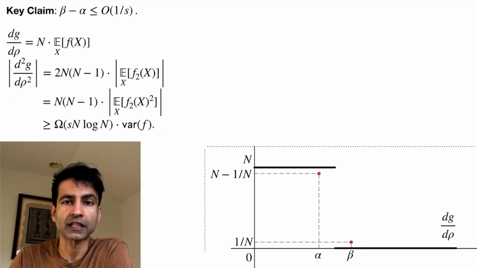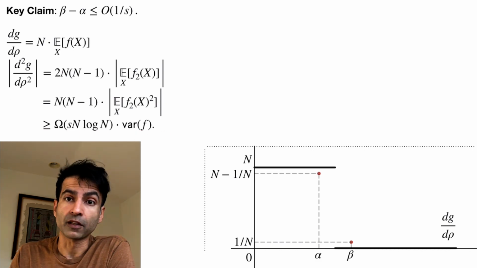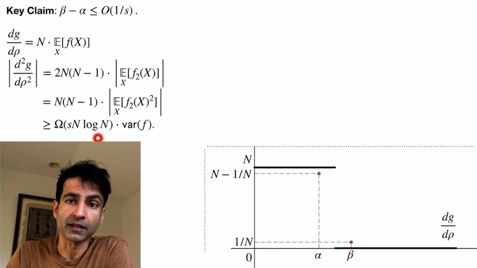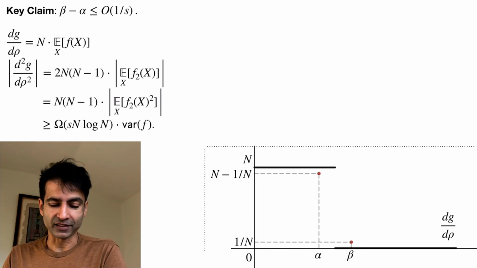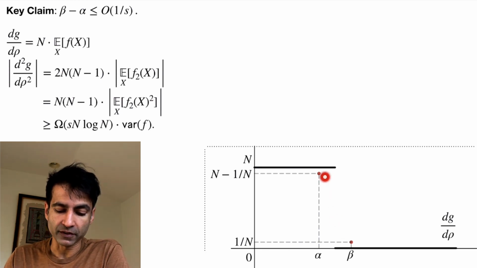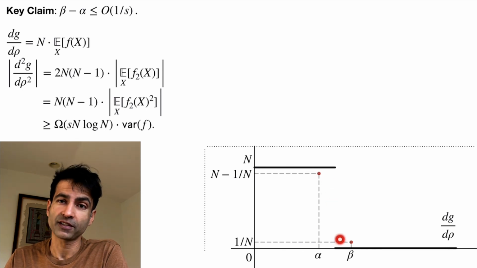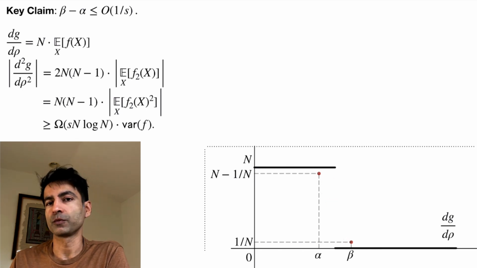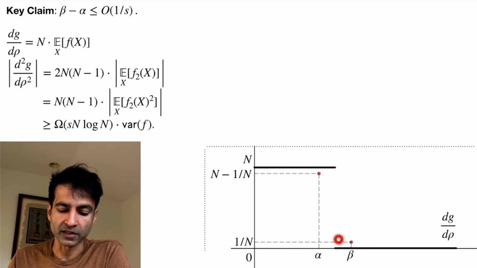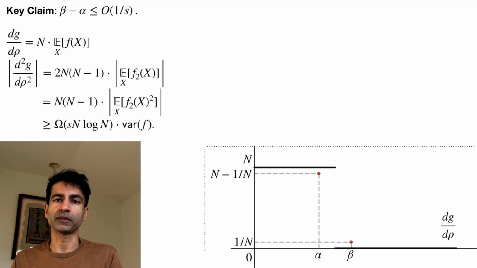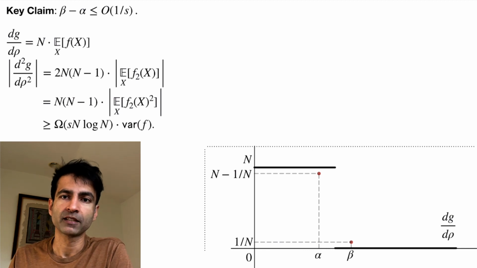The magnitude of the second derivative of g must be large. It must be at least s n times log n times the variance of f. So that's great because we showed that the second derivative, the slope here, must be large. And now it's just a matter of doing a little bit of calculus to prove that if the slope is large, alpha and beta cannot be too far apart. That's pretty straightforward, but let me show you how to do it.